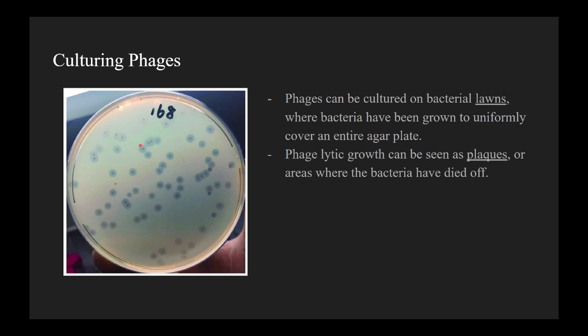They're called plaques, which are these ring-like areas where all the bacteria have died off, and that's where you can tell that the phages are doing their thing. It's kind of the inverse of, for bacteria, colony-forming units, whereas for phages, you have these plaque-forming units that instead are just empty instead of colonies.